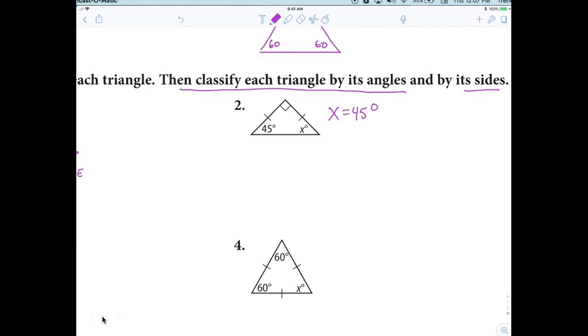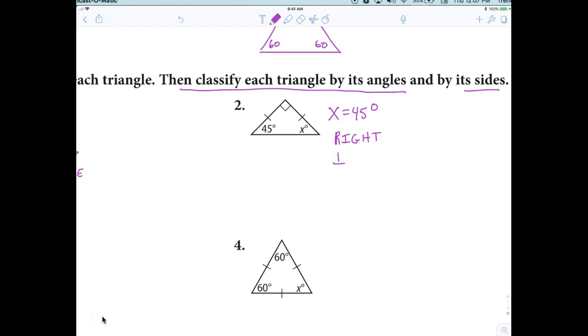All right, now, if we classify it by angles, it would be considered a what? It would be considered a right triangle, yes. And it would also be considered what? Isosceles.